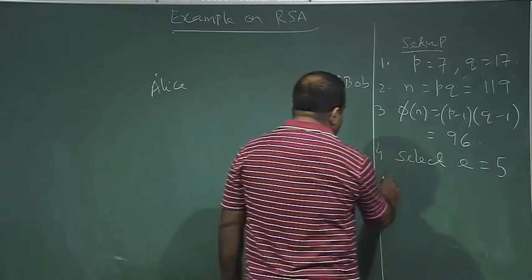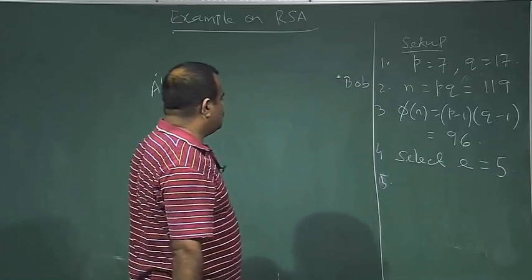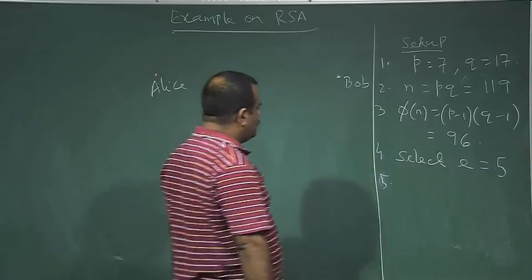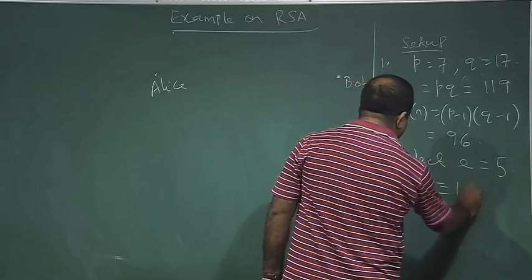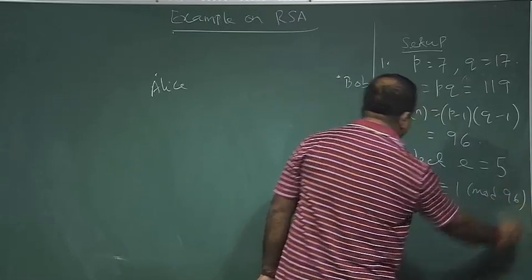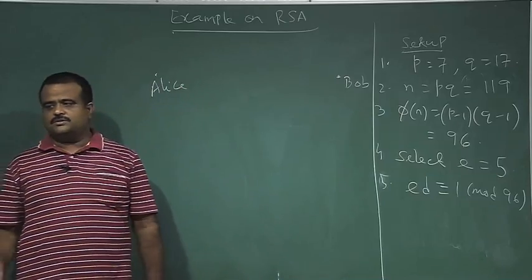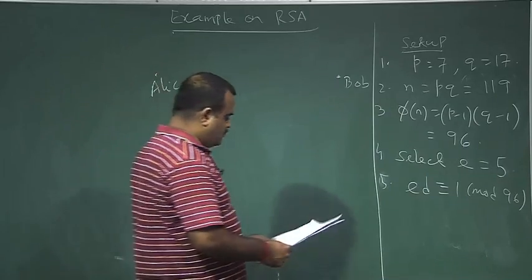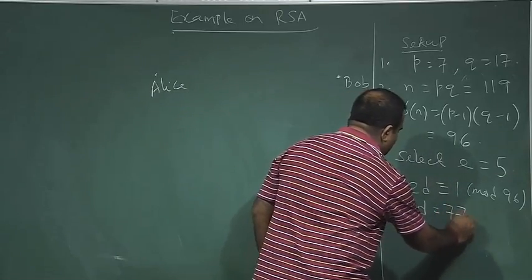Okay, so now we have to calculate D. D is basically the inverse of E. We have to choose D such that E into D is congruent to 1 mod phi n, mod 96. This inverse we can calculate with the extended Euclidean algorithm which we have seen. If we apply that, we get D is equal to 77.